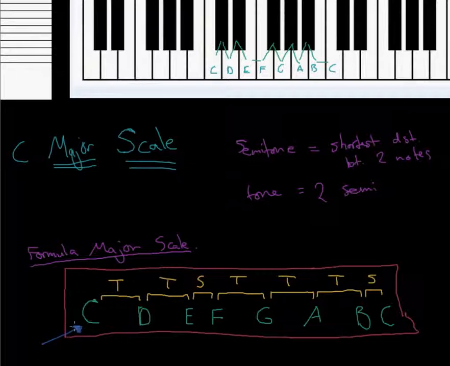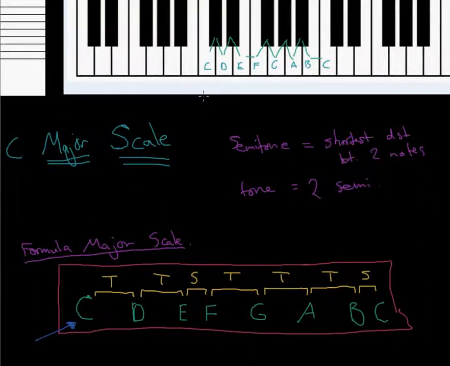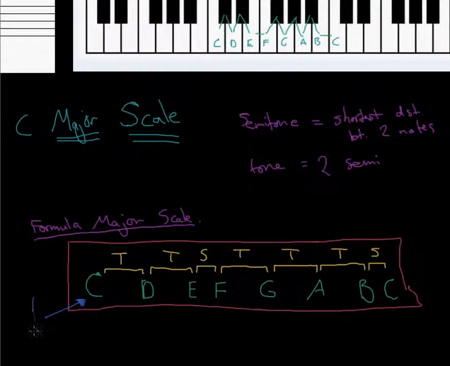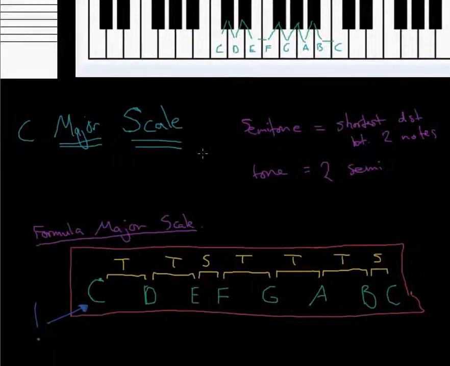I've seen people want to work out a major scale, and they go, okay, so there's C, so that's a tone, and then it's a tone, and then they haven't started. You really need to make sure that you start on your starting note first and then move up the tone, then the semitone, right? I'm not sure if you might find a way of remembering this with some maybe acronym or some kind of shape or pattern or something, but it's just very important that you can remember this.